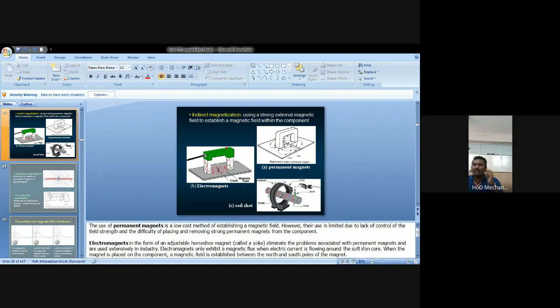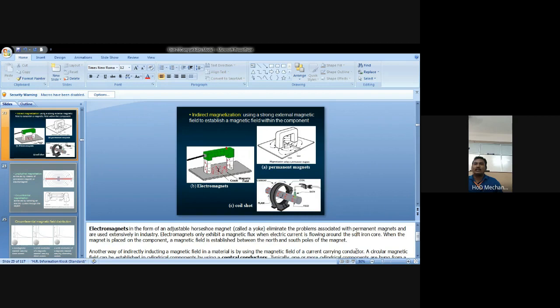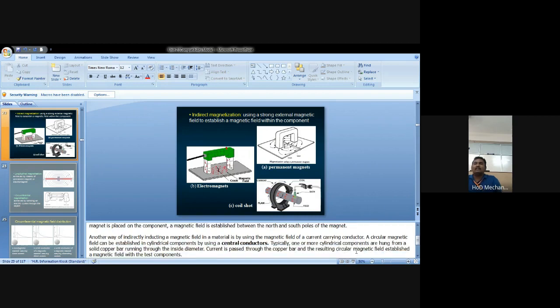When the magnet is placed on the component, a magnetic field is established between the north and the south pole of the magnet. Another way of indirectly inducing a magnetic field in a material is by using the magnetic field of a current carrying conductor.